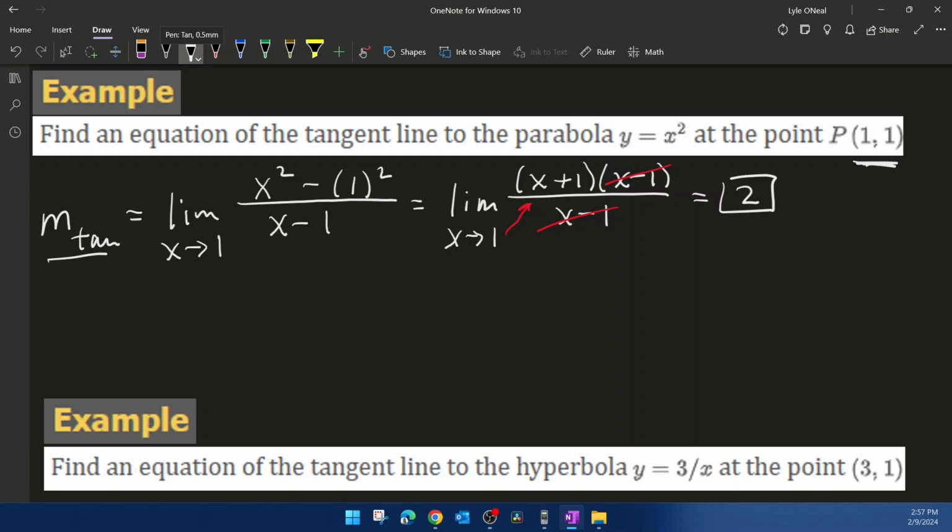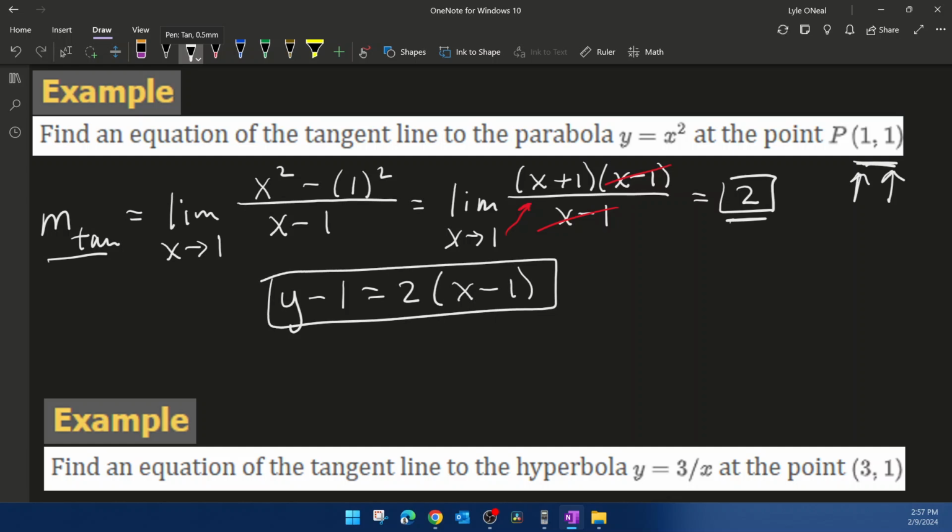If I have a point and a slope, I can use point slope form, which is y minus y1. Where did that come from? Right here. Equals m, parentheses, x minus x1. That is your answer if it says to write the answer in point slope form.